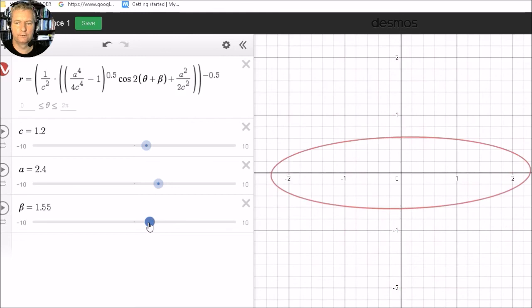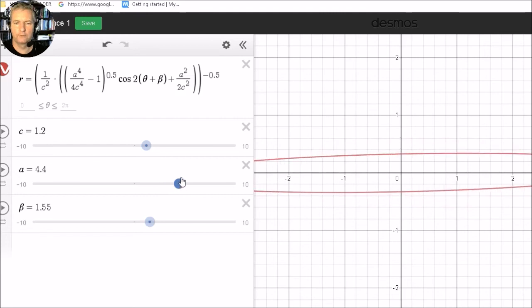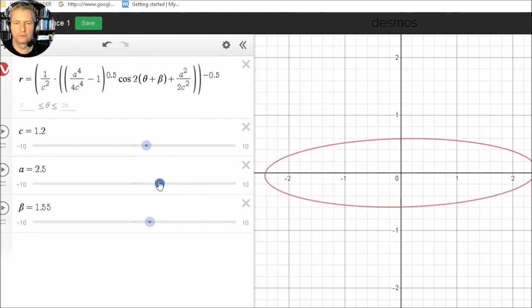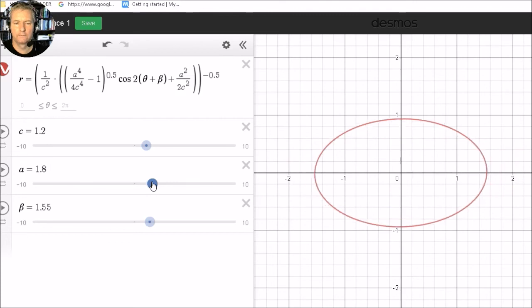And if we were to adjust the value of a, it just changes the value of the eccentricity. So it becomes more elliptical or it becomes more circular, and it tends towards a circle, and then it'll disappear when this value here tends to 0.